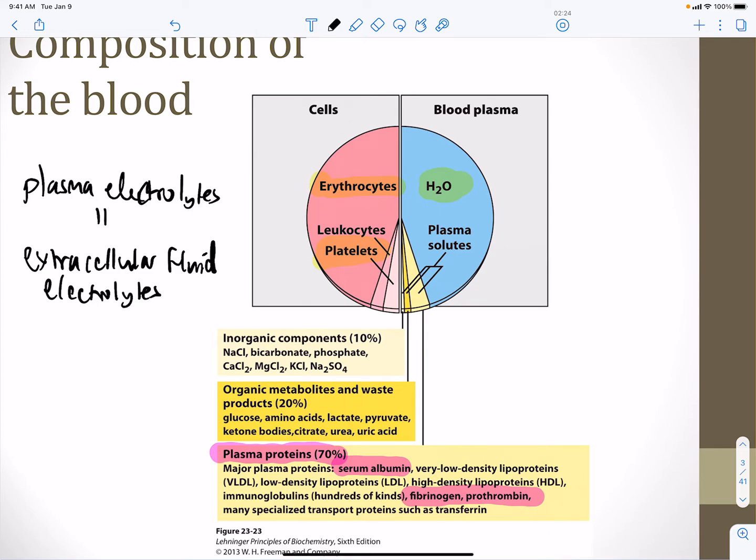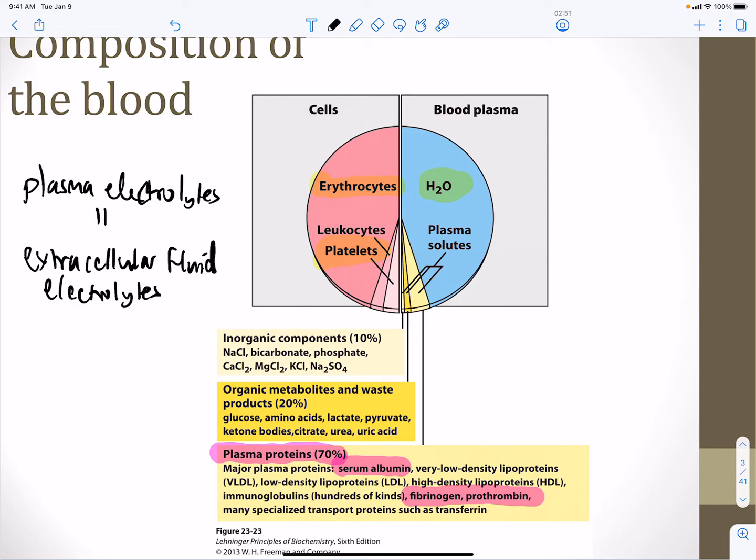So when you have a disease, oftentimes this is presented in your plasma proteins. And so you can collect plasma and test for different types of compositions of proteins in your body to see what kind of disease state it is. Now, another important thing about your plasma is that it's going to have an impact on osmotic pressure.